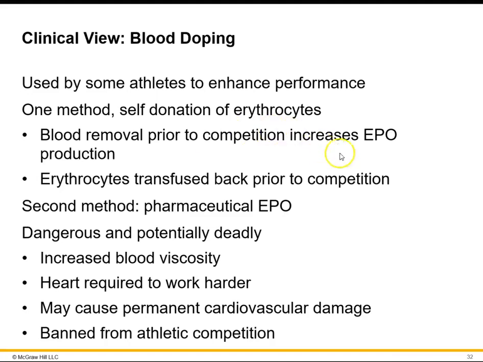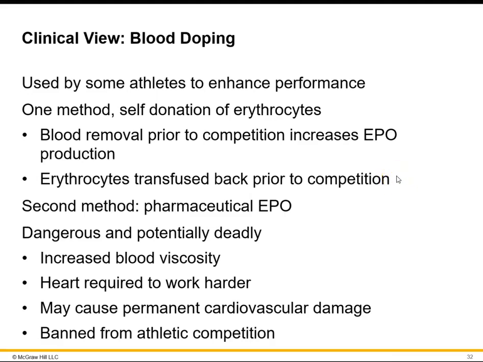However, right before competition, they go and transfuse that blood that they removed from themselves back into their bloodstream. So not only are they making EPO kind of at a higher level than they normally would at homeostasis, now they've just given themselves transplanted red blood cells straight into their bloodstream.